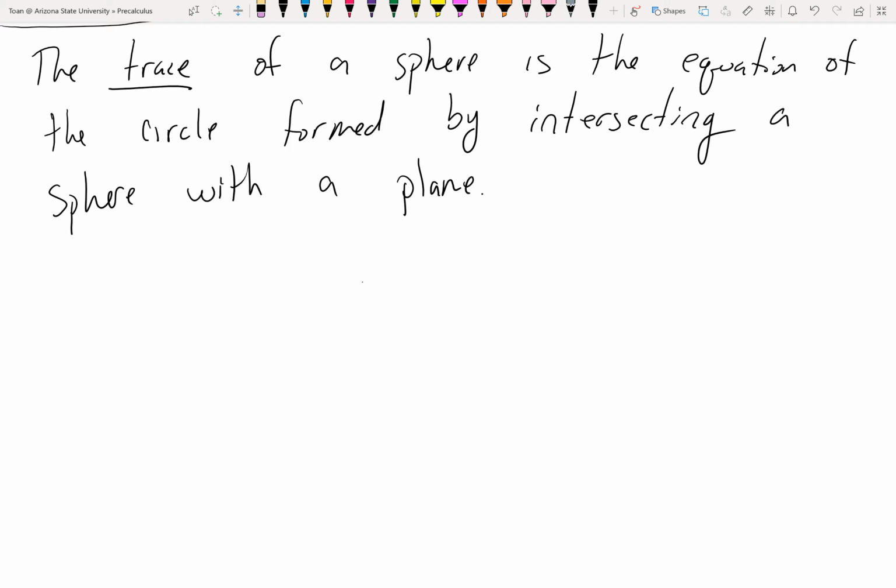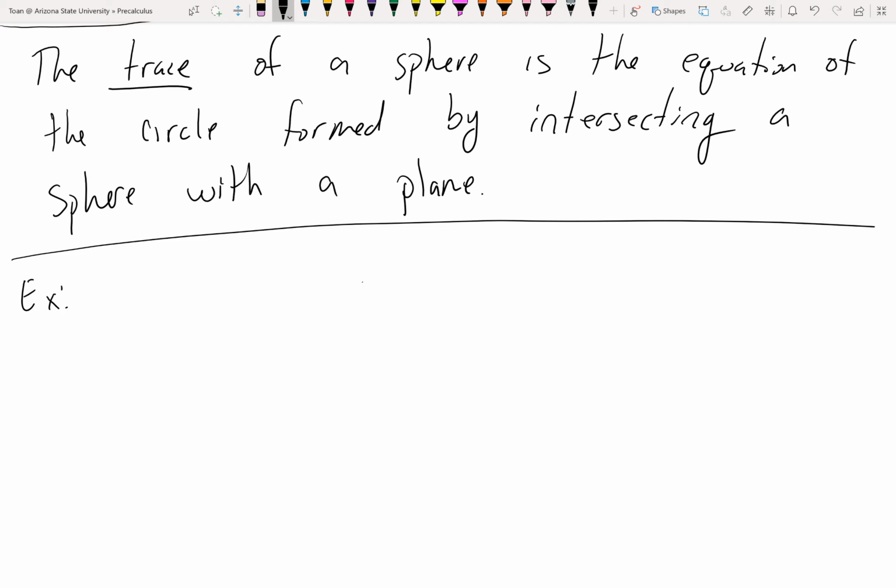And so when they ask you to find the trace of it, they want you to find the equation of it. And when they do this, they'll usually tell you where to slice it. So for example, for the sphere, x minus 2 squared plus y minus 4 squared plus z minus 5 squared equals 36.